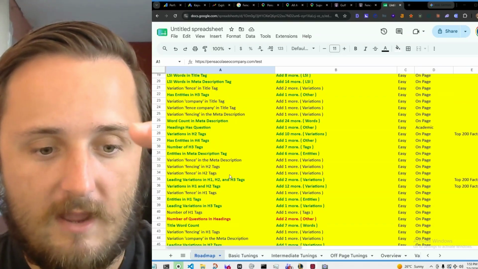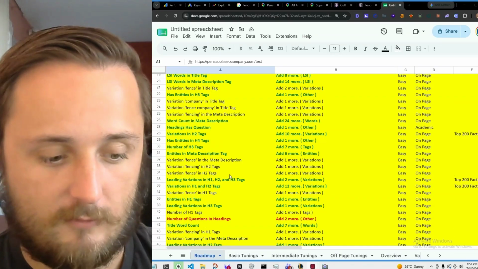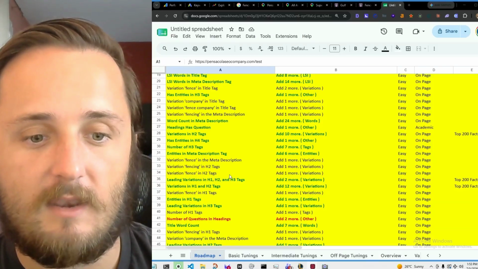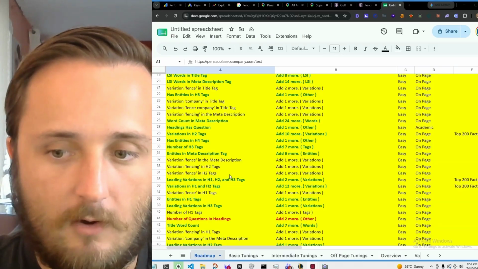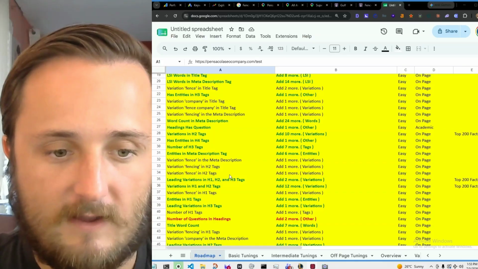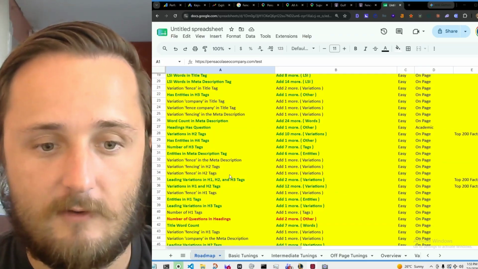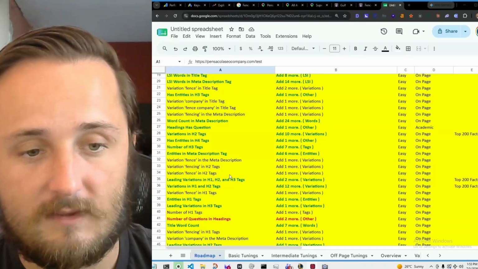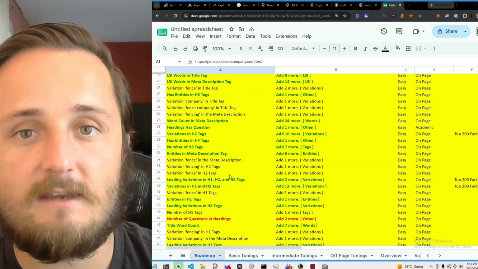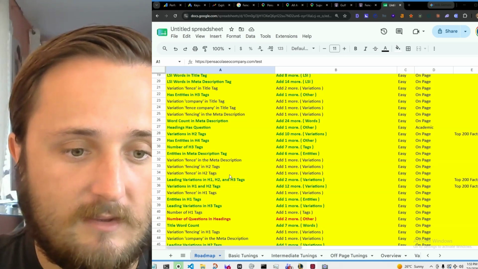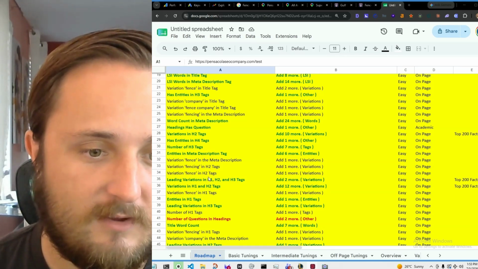Then it will grab the 100 results, so the 100 web pages that come up in Google. Then it will measure all of these ranking factors that I need to do to optimize my on-page SEO. This is going to tell me everything I need to do on page to rank the page. You can even see right here, you've got leading variations.